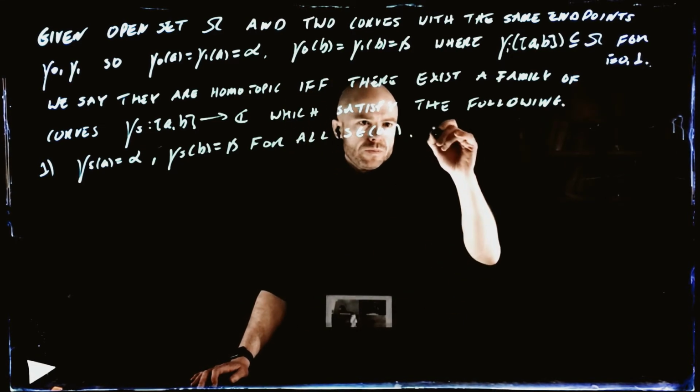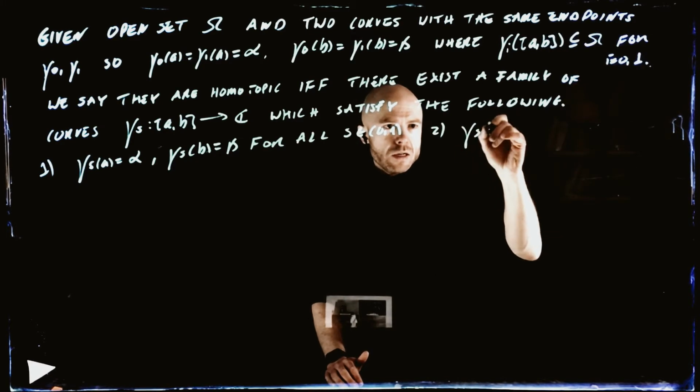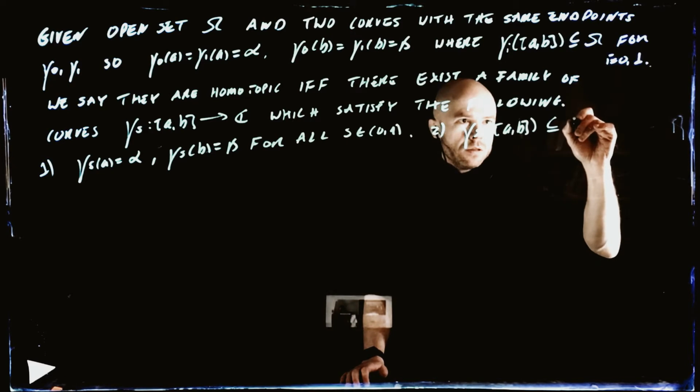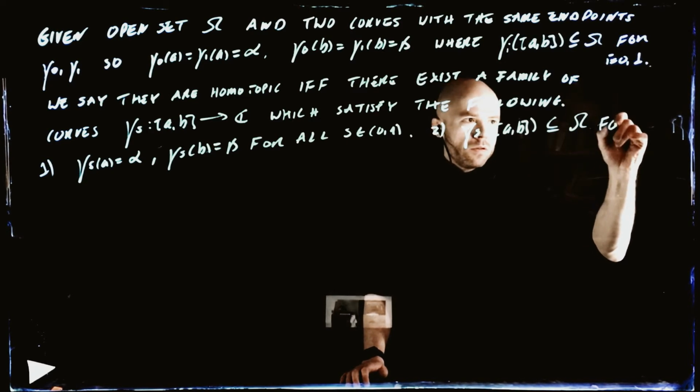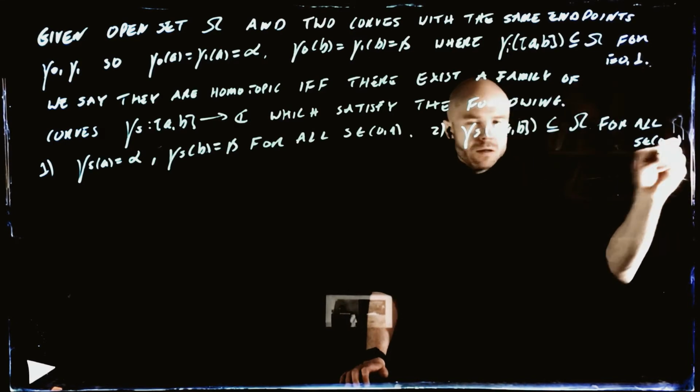Second property, their image is always contained within omega. So gamma s of AB is indeed contained within omega for all s between 0 and 1.